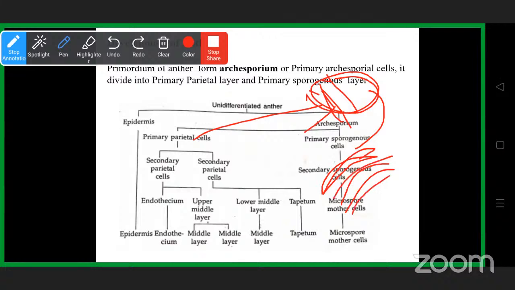Even the upper secondary cells are forming the epidermis, endothecium, and middle layers, whatever it is. And then the next is the tapetum.